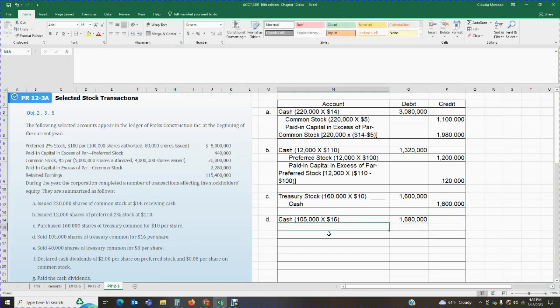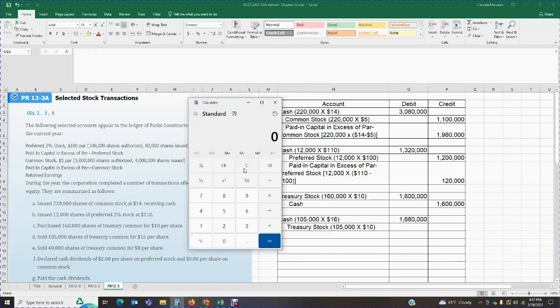So in letter D, we sold 105,000 shares of Treasury Common. Now we have to update our Treasury stock. We sold 105,000 shares, and the par value of those shares was $10.